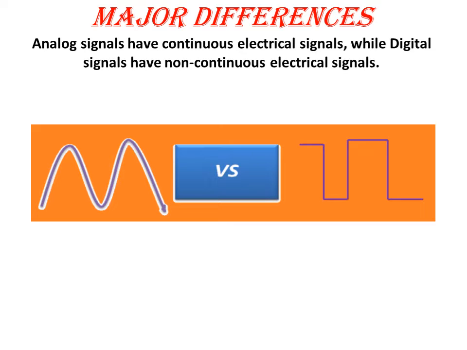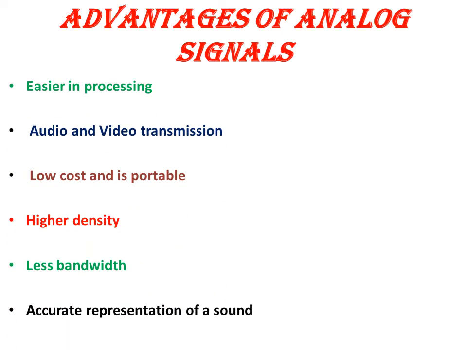These are the major differences. Now we can move towards the advantages as well as disadvantages of analog and digital signals. So these are a few advantages of analog signals. They are easier in processing and best suited for audio and video transmission. It has a low cost and is portable.